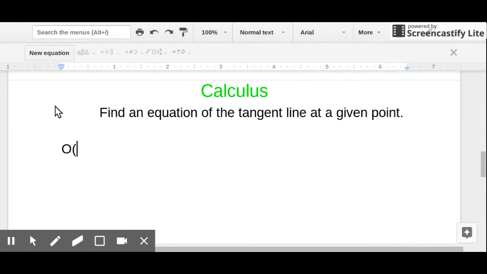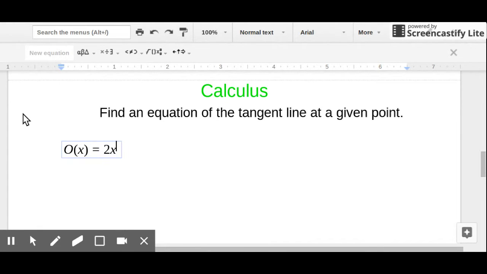Got to call it something. Is equal to, we need to actually write this in. Bring up an equation box.